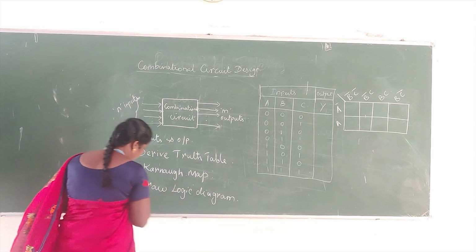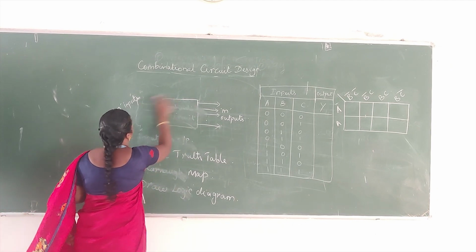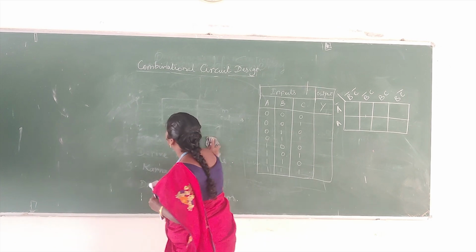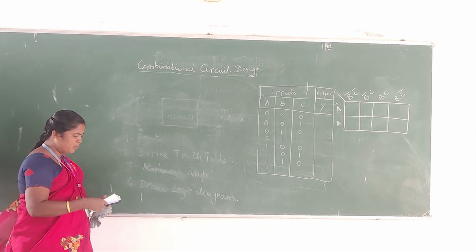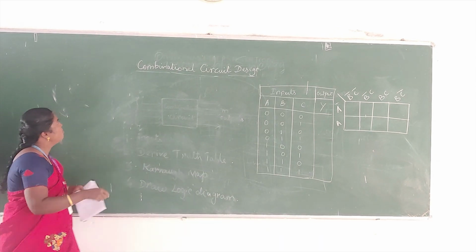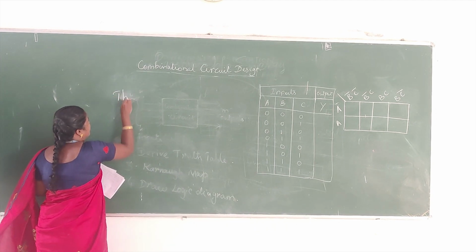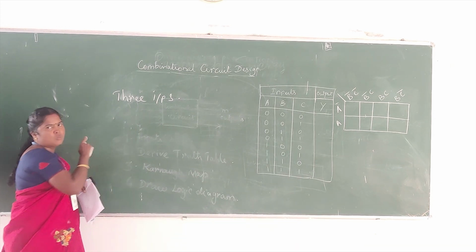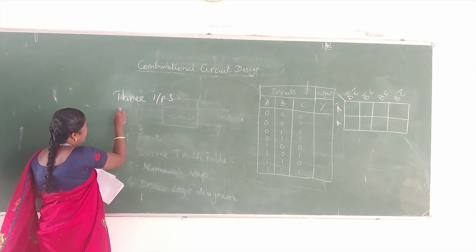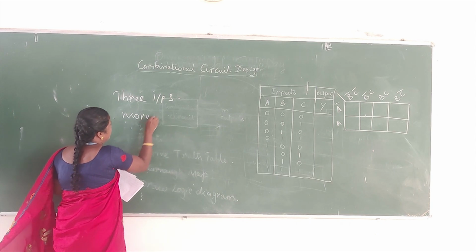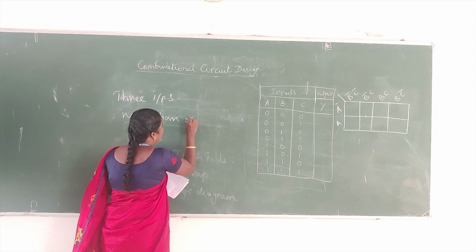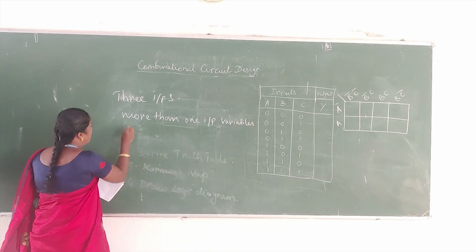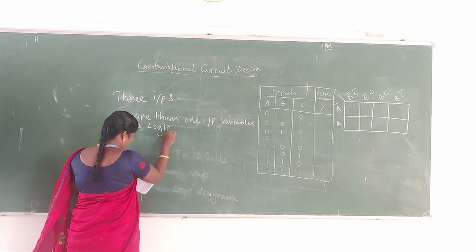For example, the given problem is: design a combinational circuit with 3 inputs that produces logical high, logical high meaning output 1, when more than one input variable is logic low.